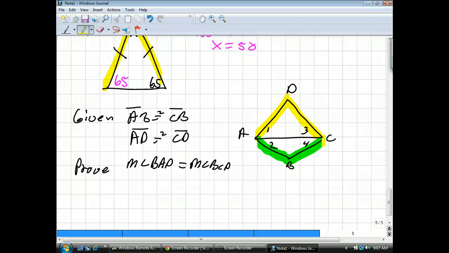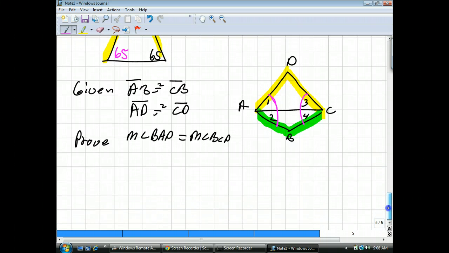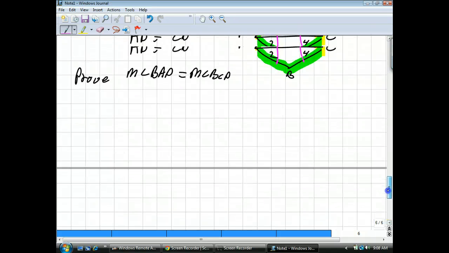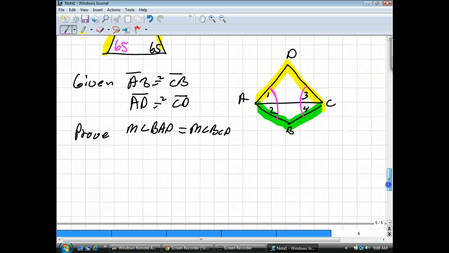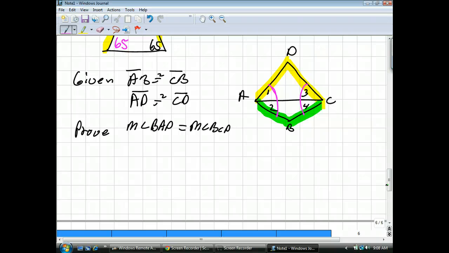And what we're trying to get is measure of angle BAD. So that would be this angle, congruent to this angle. Those angles are made up of angle 1 plus angle 2, and then angle 3 plus angle 4. So that's kind of an idea of where we're going.